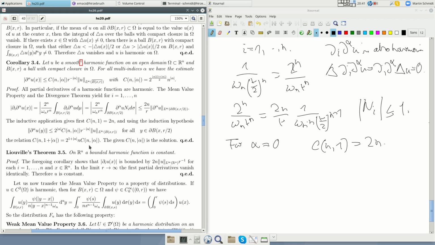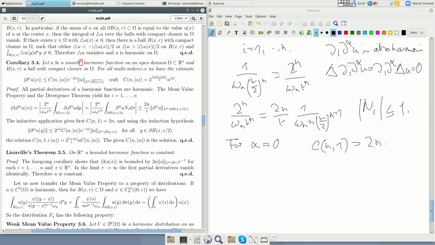Okay, once more, how come these powers of 2? There's one, this 1 comes from this 2, and since we have here the radius 1/2, we get an additional factor of 2, and since we have here minus alpha, we get 2 to the power of the length of alpha. So this is how this factor comes, and this n comes from here.